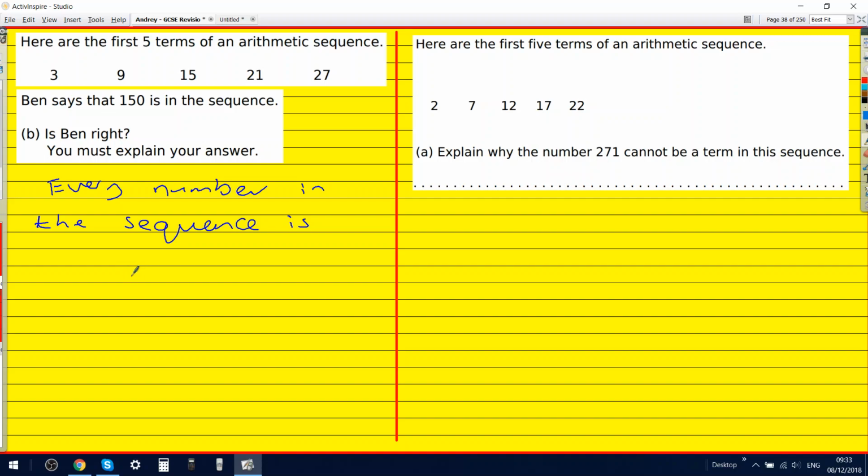Yeah, another way of saying they end in 1, 3, 5, 7, and 9. So it ends in an odd number. So they are odd numbers. And 150 is an even number, so it can't be. Yeah, even. So no. Okay, and the next one.